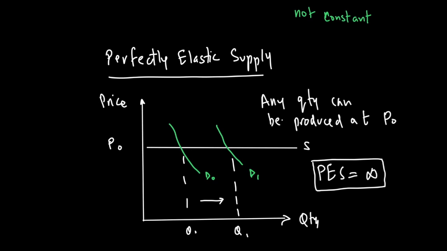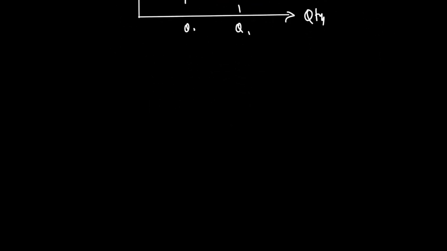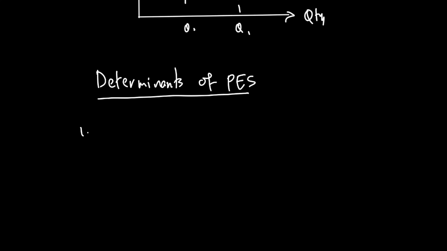The next thing we want to discuss when it comes to the supply curve is what are the factors or determinants of PES. The major determinant of PES, the crucial one that makes the producer more responsive to change in price, is flexibility.